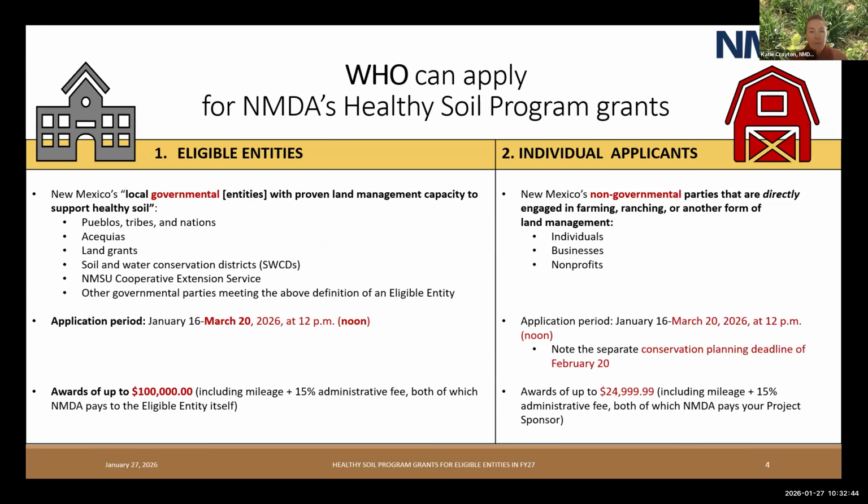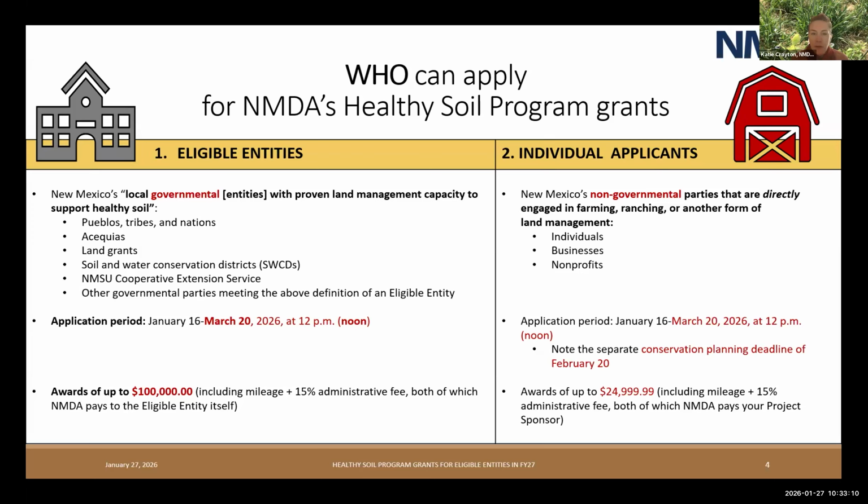So very quickly, who can apply for our grants? We have two applicant types. And if you'll focus with me on the left side of your screen for eligible entities, that's who today's webinar is for specifically. Our eligible entities are defined as local governmental entities with proven land management capacity to support healthy soil. Those parties include our tribal governments, pueblos, tribes, and nations.